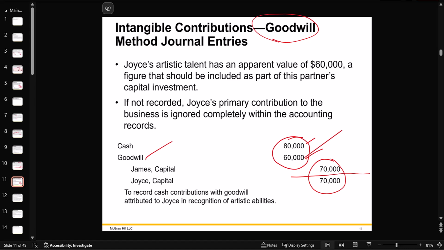So partners can at any time contribute more assets to the partnership. Maybe the partnership needs more cash. Well, hopefully they have enough profits to generate cash, or maybe they can go to the bank and borrow money, open up a line of credit, or the partners can contribute more cash and be credited for that contribution by crediting their capital account.